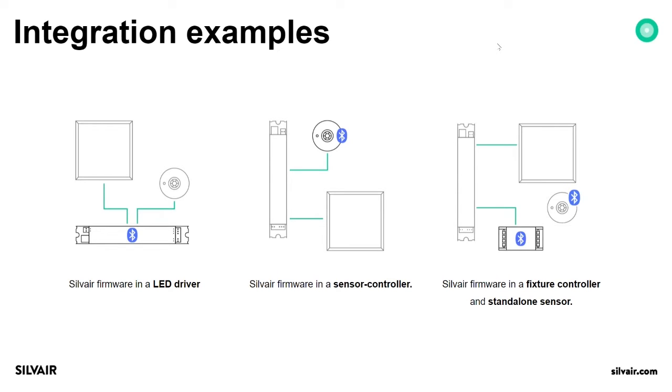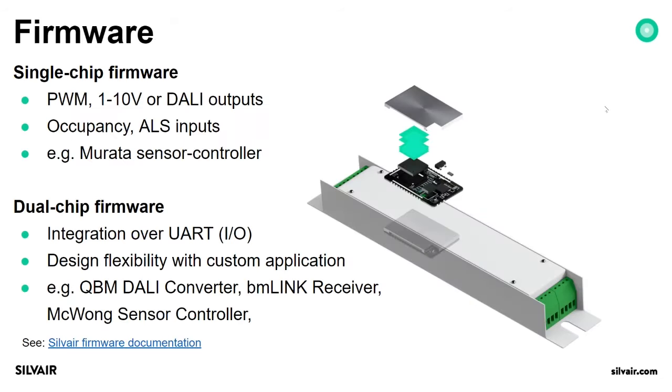So you can see multiple configurations. Of course, there are a lot of different setups available, but these are the most common use cases for Bluetooth mesh enabled devices. Regarding firmware, we have single chip firmware with PWM 1 to 10 or DALI outputs.